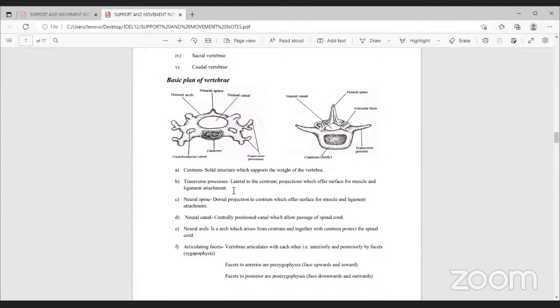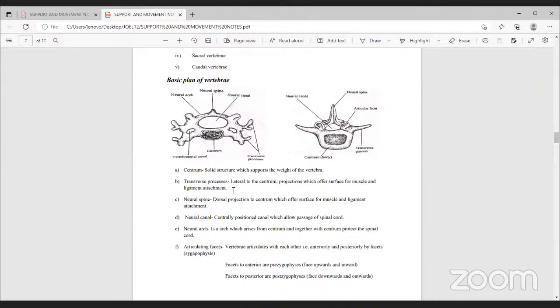So we start with number one, the centrum. You can see where the centrum is there. The following features are present. Number one, we have the centrum. Whenever we have the centrum in the sacral vertebra, thoracic vertebra, or cervical vertebra, the function does not change. It is still the same.